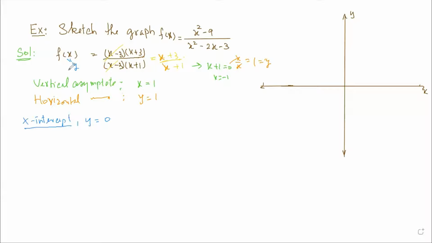So you can replace in this one, or the original function, it's okay. You replace here, it's maybe much easier. So y becomes 0 equals x plus 3 over x plus 1.